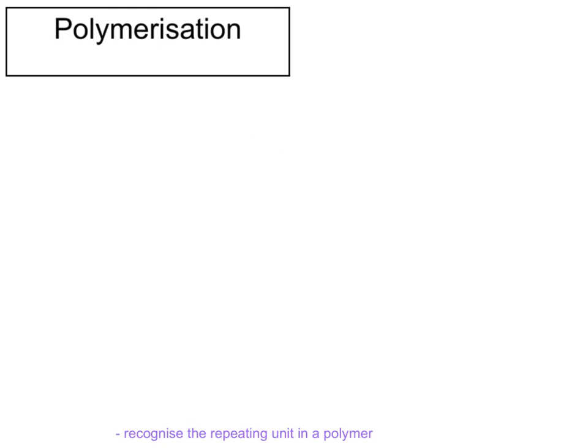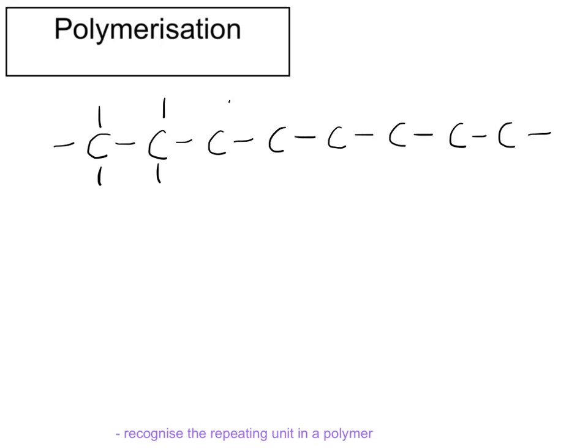So how do you recognise a repeating unit in a polymer? We kind of covered this in the last slide, but we'll just go over it again. So imagine you have the following polymer structure. Sorry, I should have drawn this first, really, shouldn't I?